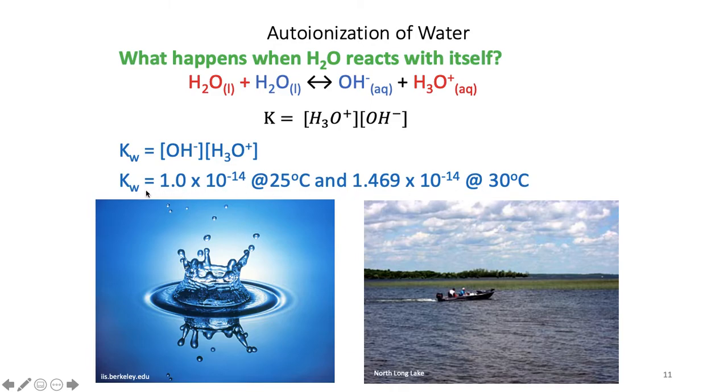As you can see, at 25 degrees it is 1 times 10 to the minus 14, but at 30 degrees Celsius, it's a little higher. We are going to assume in the problems we're going to do that Kw is only 1 times 10 to the minus 14th unless you are specifically given the value at a different temperature.